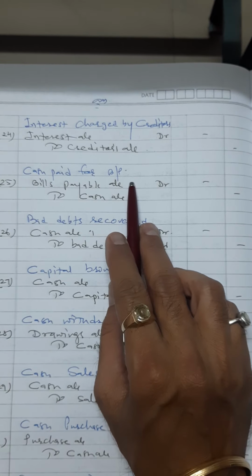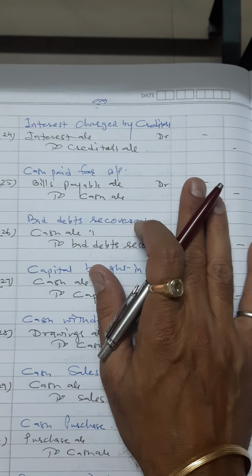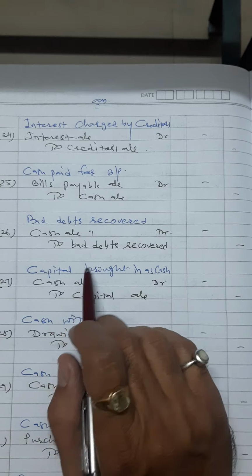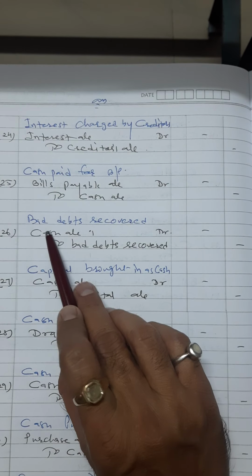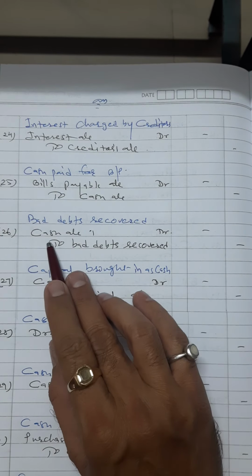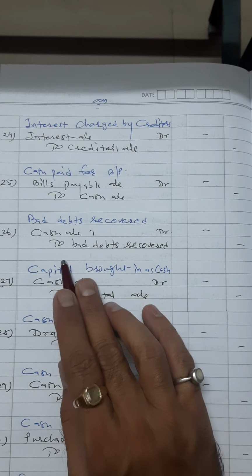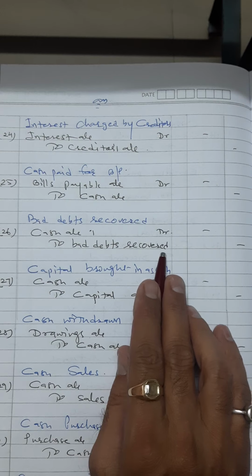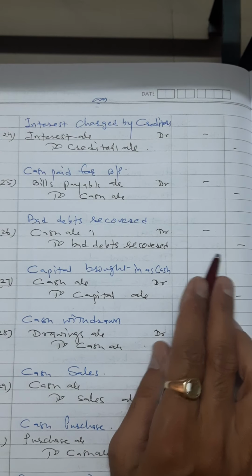You may find that all the rules of debit and credit you learnt in the 11th are followed. Bad debts recovered, so entry will be cash account debit to bad debts recovered account. You may directly write it to the credit side of the profit and loss account.